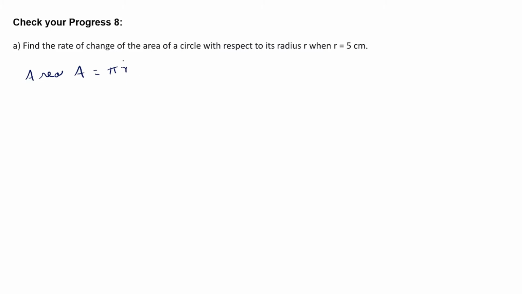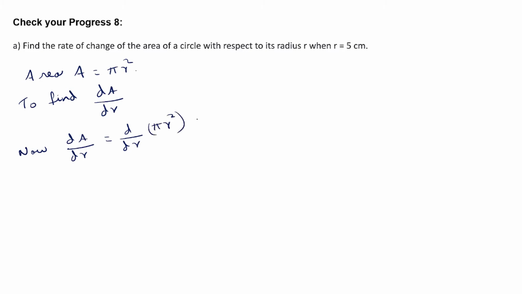pi r square. Now we need to find dA by dr. This is the rate of change of area of the circle with respect to its radius. Now dA by dr is equal to the derivative of pi r square with respect to r.